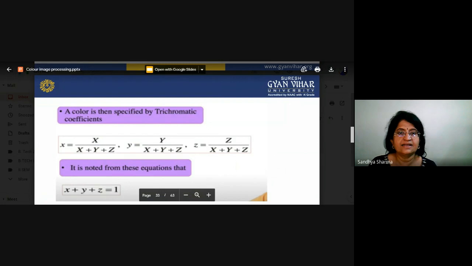A color is then specified by trichromatic coefficients: small x equals capital X upon X plus Y plus Z, small y equals capital Y upon X plus Y plus Z, and small z equals capital Z upon X plus Y plus Z. It is noted from these equations that small x plus y plus z equals 1. So a color is specified by trichromatic coefficients.